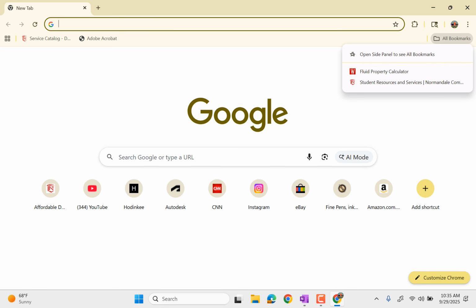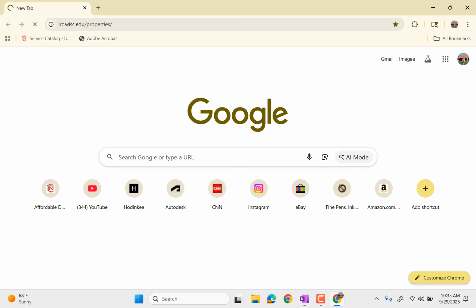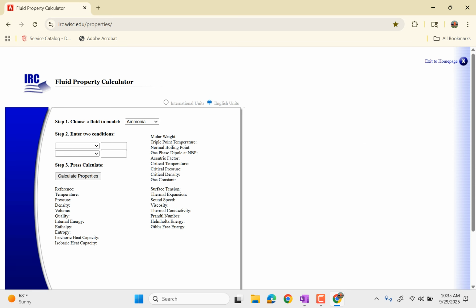Okay, so I'm going to do this for water. And I'm going to use SI units. My starting temperature is going to be, this is in Celsius, so 320 minus 273.15 is 46.85 Celsius.